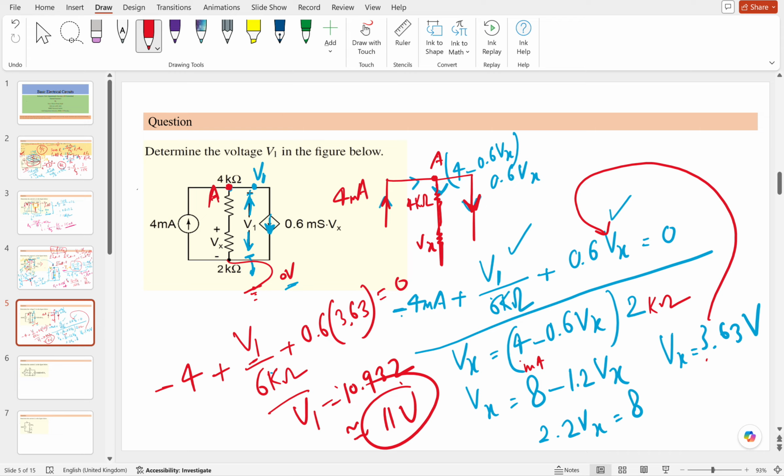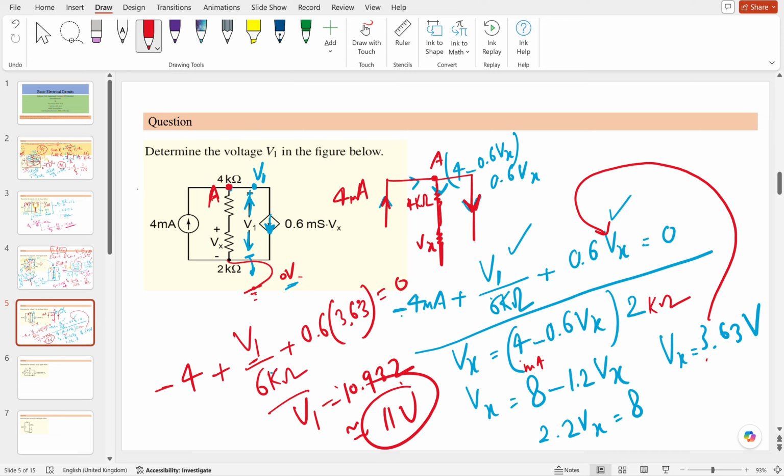So the basic thumb rule in network analysis, in basic electrical circuits, is practice. However many questions you solve, you will get the iterations, and when you solve a lot of problems multiple times, you will get the feel of those networks.